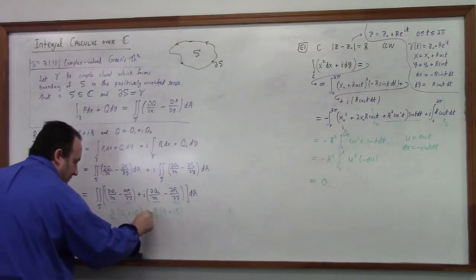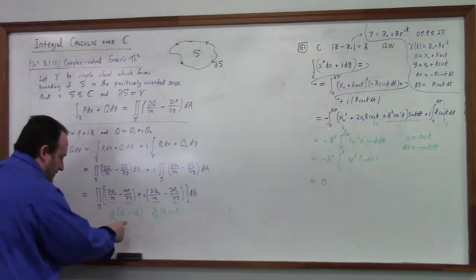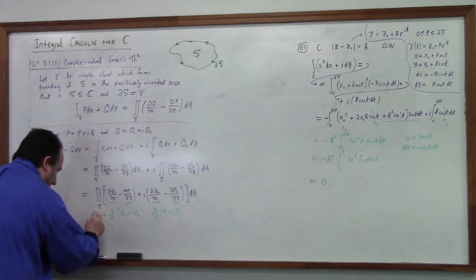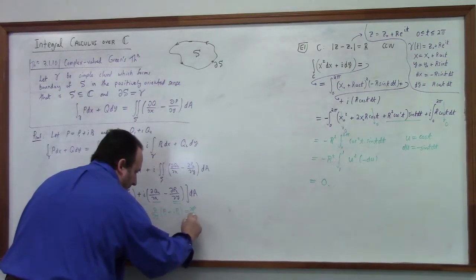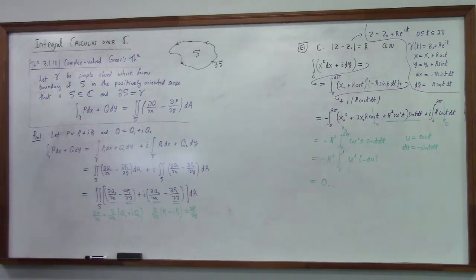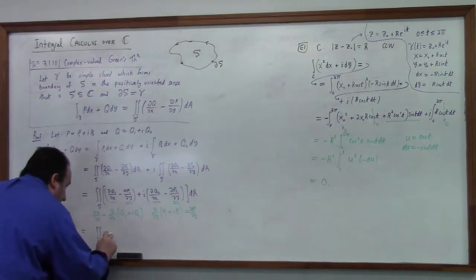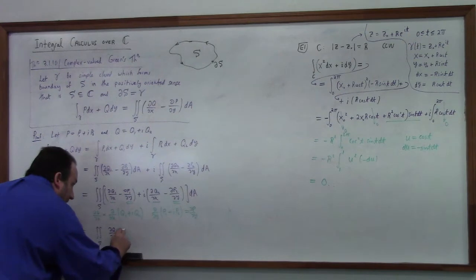There's a minus. So this is exactly partial q partial x, and this is exactly partial p partial y. That's what we mean by the partial derivative of a complex valued function. It's the partial derivative of the real part plus i times the partial derivative of the imaginary part. So what we have is exactly the integral over S of partial q partial x minus partial p partial y.